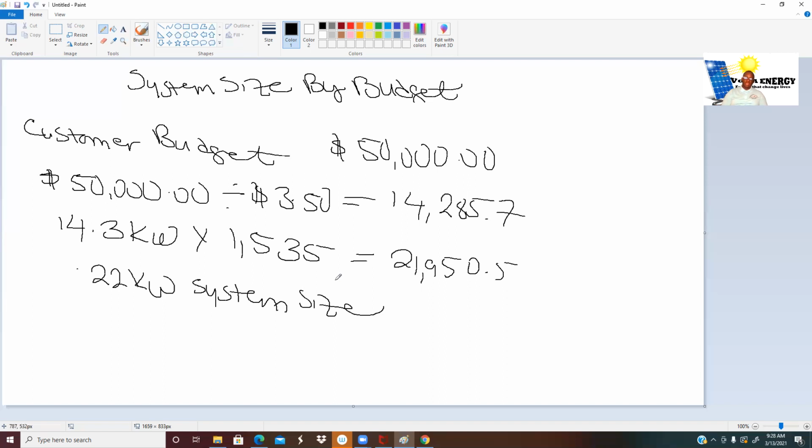So if you use the 325 watt PV model, we have 68 modules. 68 pieces of PV modules. That's what you need.